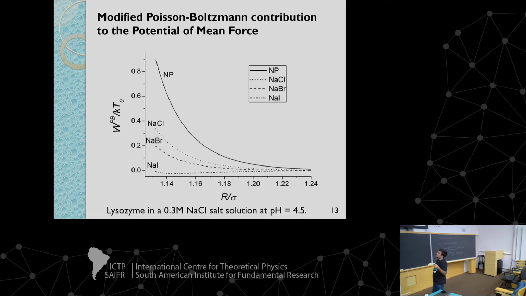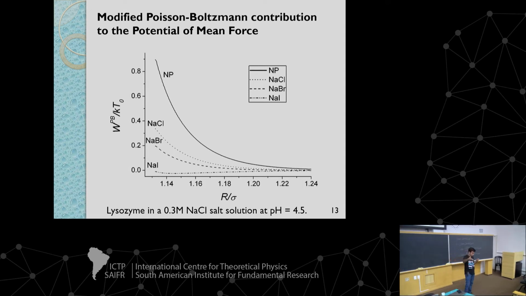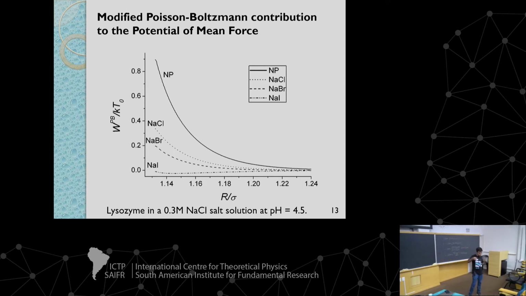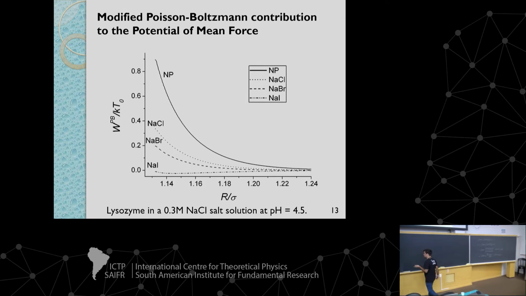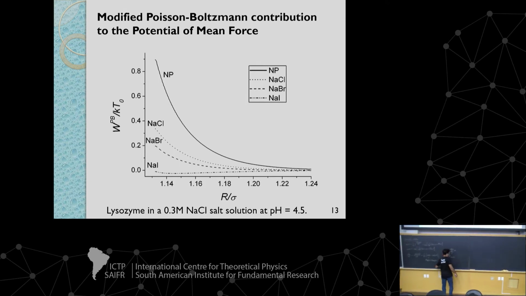And by integrating the electrostatic profile, as I showed before, we can calculate the potential of mean force, or at least the Poisson-Boltzmann contribution, the electrostatic contribution of the potential of mean force. Let's remember that we are talking about the modified LVO theory, and we have this contribution.